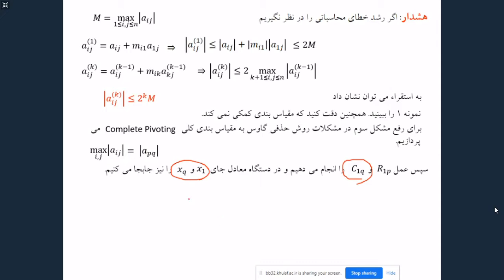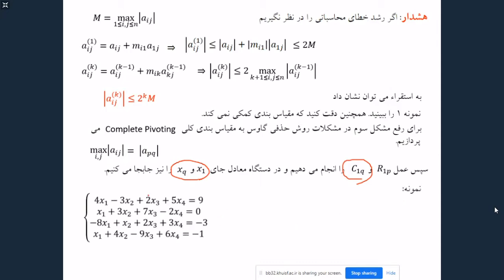We have to substitute x1 and xq. For example, consider this system: four equations and four unknown variables. First of all, we use partial pivoting and complete pivoting.